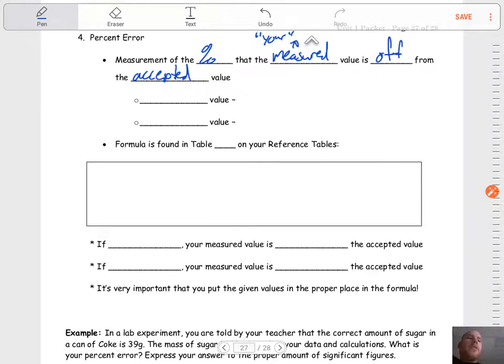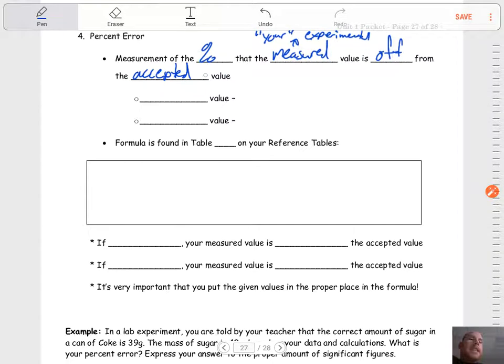It could also be referred to as experimental. The accepted value, another term you could see, is the true, or the given, or the correct, or the actual. Those are all terms that mean the same thing. They're synonyms, so be on the lookout for those.